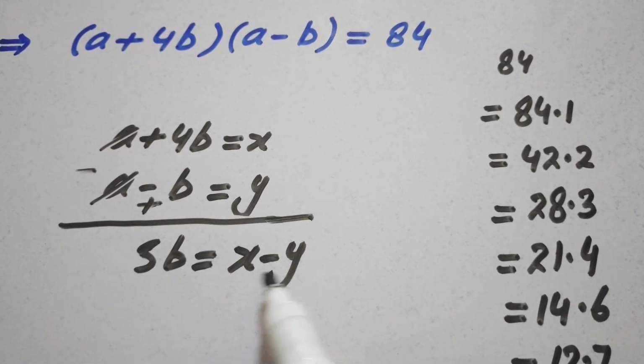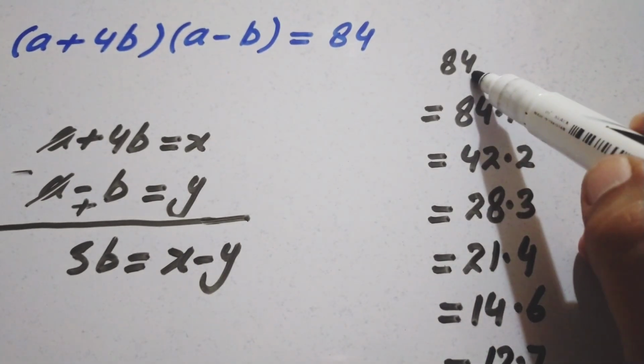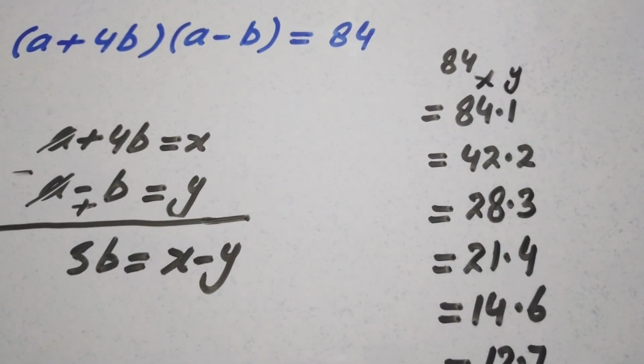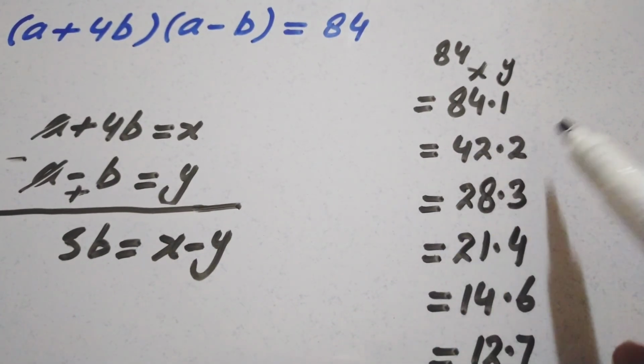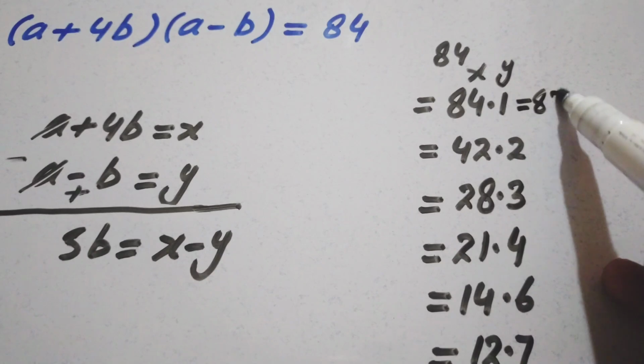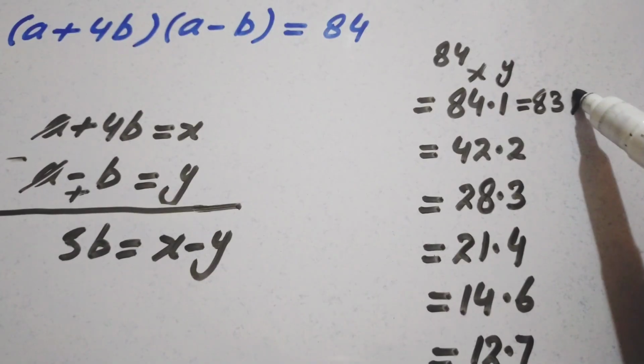So now we have x minus y is equal to 5b. In the first factor, 84 minus 1 is 83. 83 is not a multiple of 5, so we can reject this.